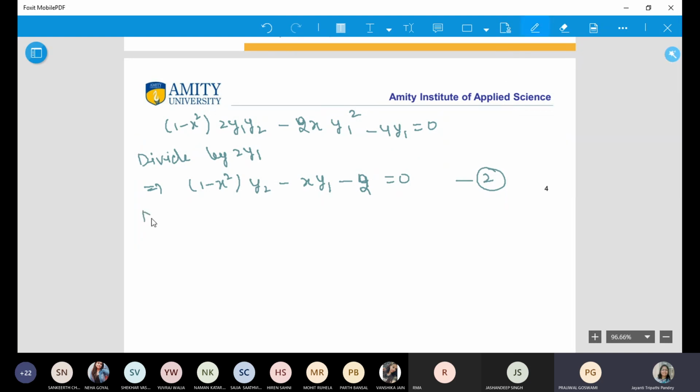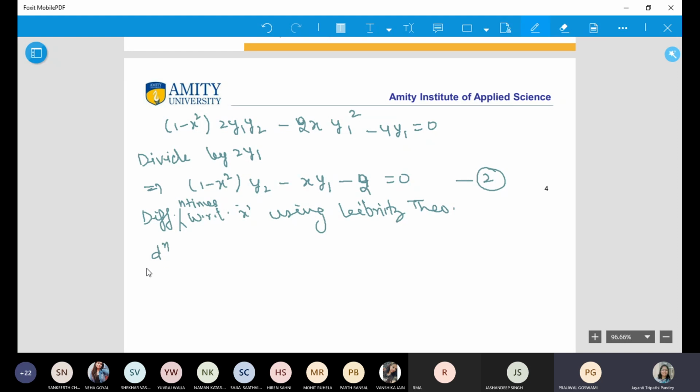Now differentiating with respect to x n times using Leibniz. Same way we will be using this separately and this separately.